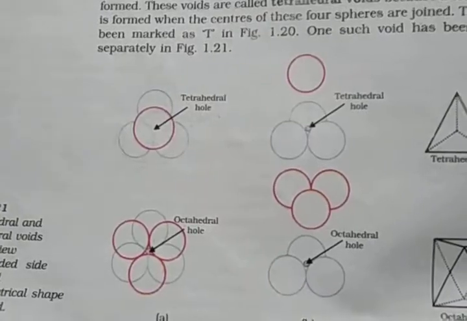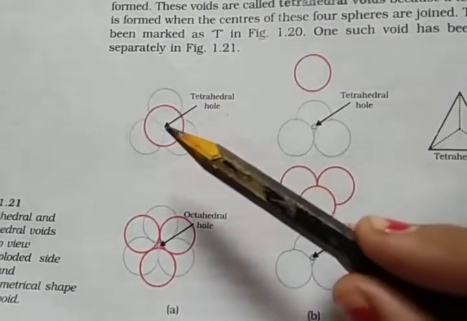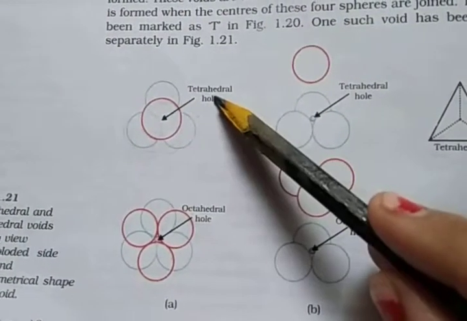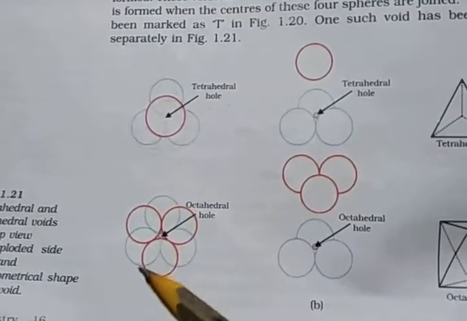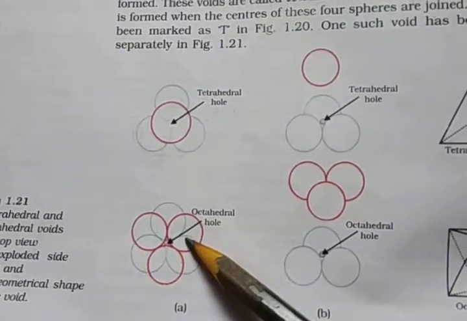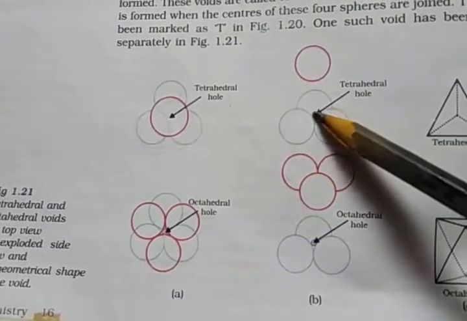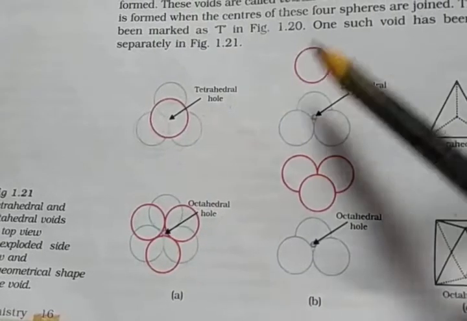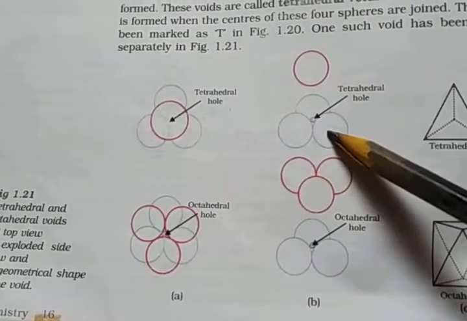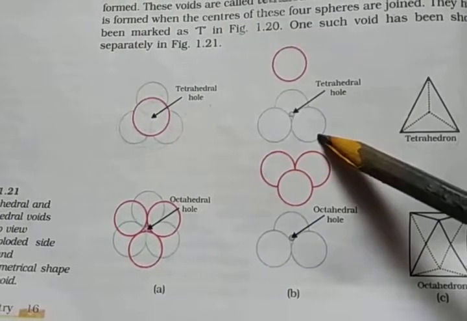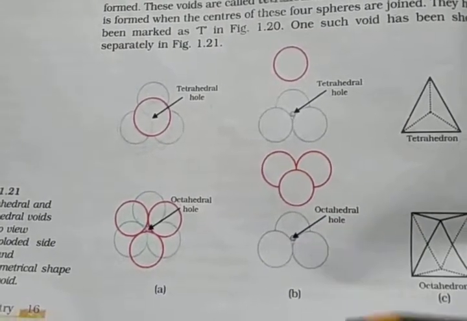So a tetrahedral hole means those holes which are covered by 4 spheres, so it is known as tetrahedral hole. When a hole is covered by 6 spheres, it is an octahedral hole. Okay, so see 3 downside and then 1 upper side, so tetrahedral hole. Then 3 downside and 3 upper side, so it is an octahedral hole.